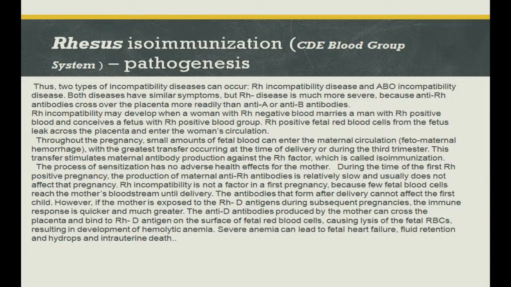The function of RBCs is transport of oxygen, and if the RBC number is lacking, if RBCs are destroyed, oxygenation of the fetus will suffer. We will get hypoxygenation, which is not dependent on oxygenation of the maternal organism.